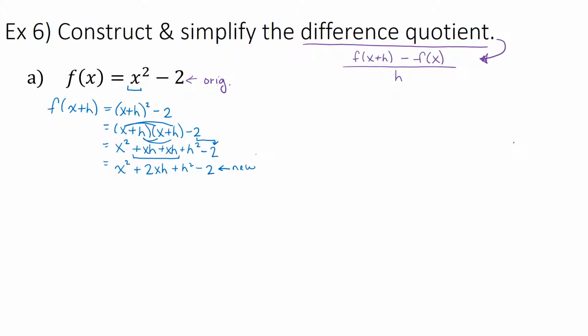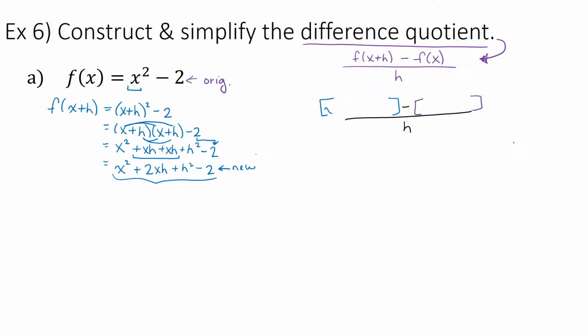Now, remember that the difference quotient is made up of two parts. It is always going to be your new one minus your original, whatever it happens to be. So in this case, we look back at our new one, and we're going to take this whole entire thing and put it into the new function.